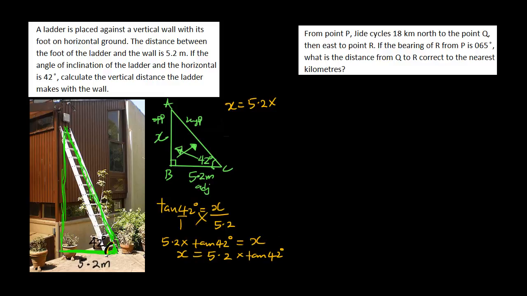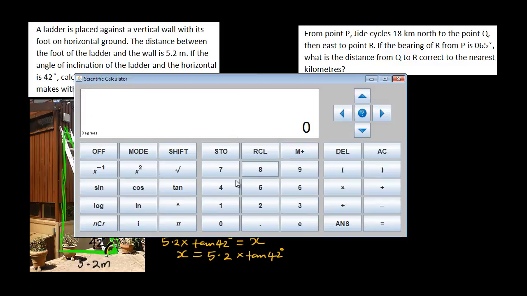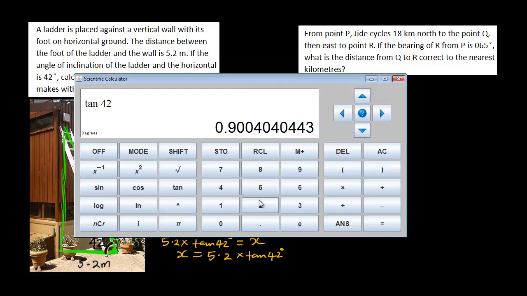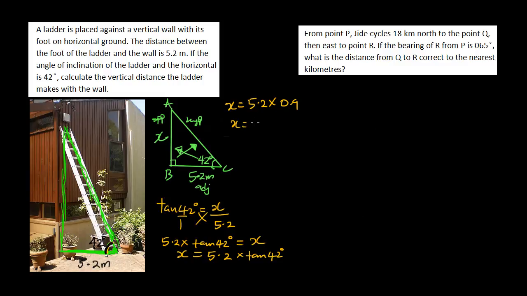We can use our calculator to find that. Tan 42 degrees is approximately 0.9. Multiply 5.2 times 0.9, and this is 4.68. So we'll write 4.68 as our result.